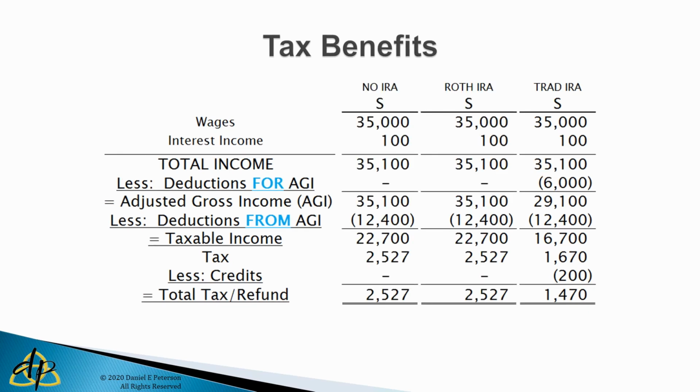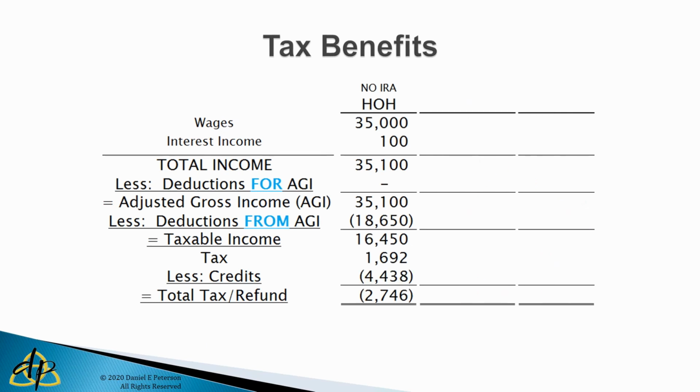So they've paid themselves $6,000 by moving it from one account to another, got the deduction for the IRA contribution, and when they received that deduction, it dropped their income down to a certain level, so they received a retirement savers credit. So they were able to take their tax from $2,527 to $1,470.